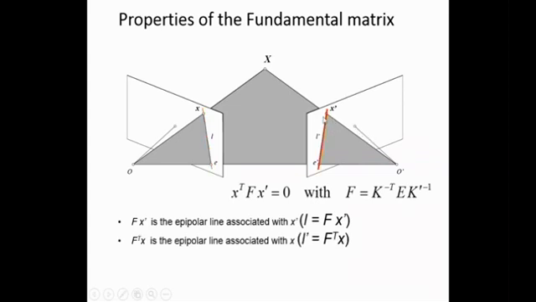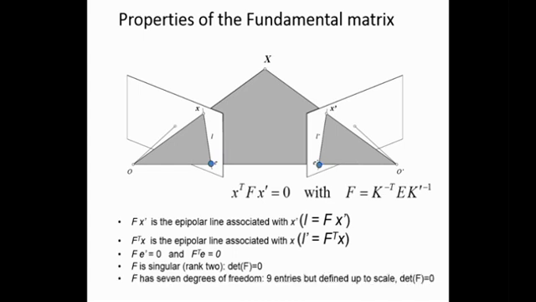And F transpose x is the epipolar line associated with x. And F e prime is still equal to 0, and F transpose e is still equal to 0. So F is still singular, rank 2, which means that the determinant of F is equal to 0.